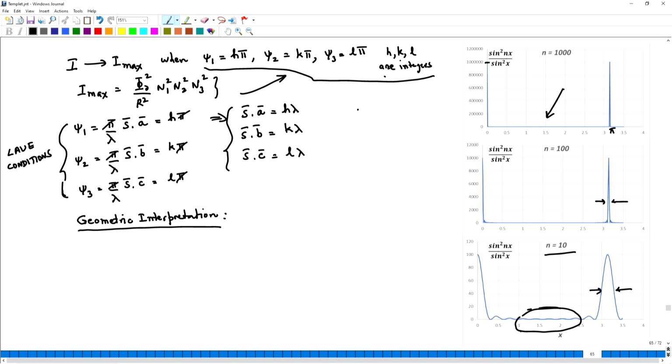Let us first consider the scattering vector S. We had a geometric interpretation for the scattering vector S in terms of the incident vector and the reflection vector.